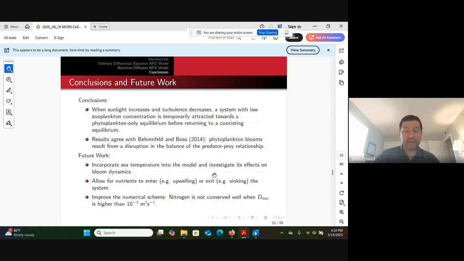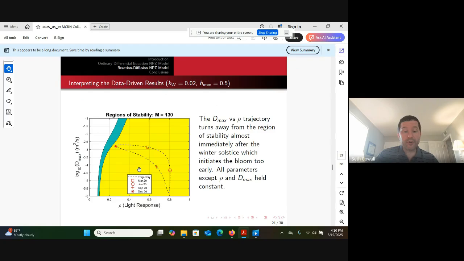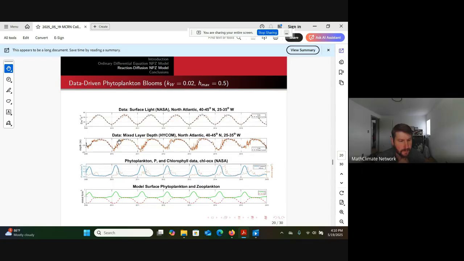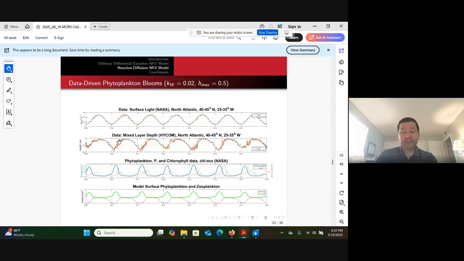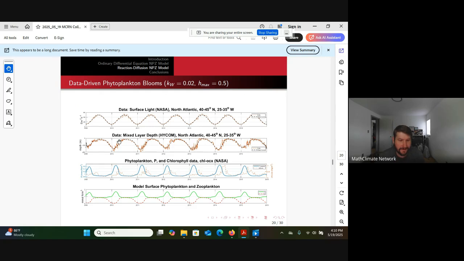So I'm suspecting things like sea surface temperature that would affect the phytoplankton growth term, multiplied by rho, or maybe incorporated in rho. That would change stuff that's going on here, maybe change this curve a little bit. So that's what I suspect. I see. Okay. Interesting.